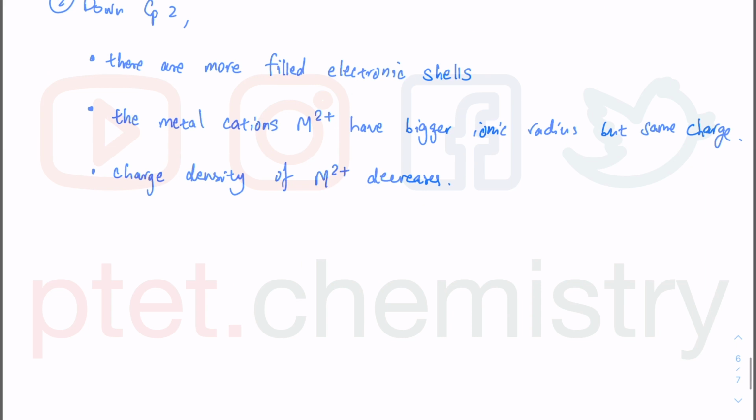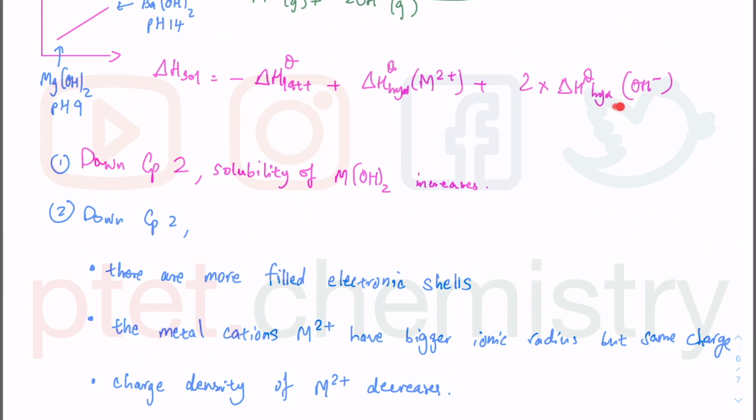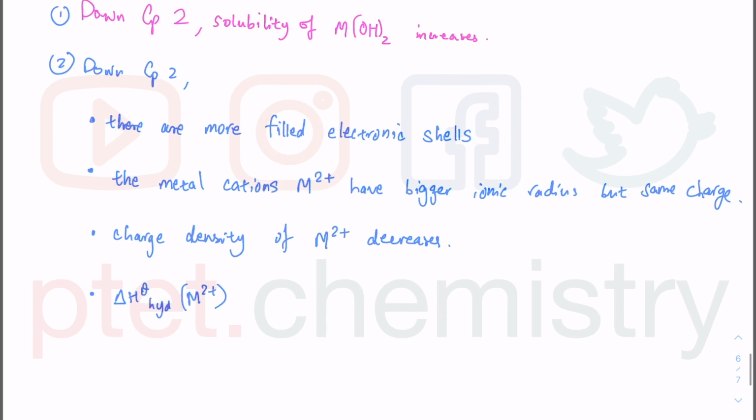Alright, so as charge density of the M2+ decreases, my hydration enthalpy of the cation, not just hydration, because you have hydration of the hydroxide, which doesn't change as you go down group 2 hydroxide, but this one will change and this will change. These two are affected by the charge density of the cation.